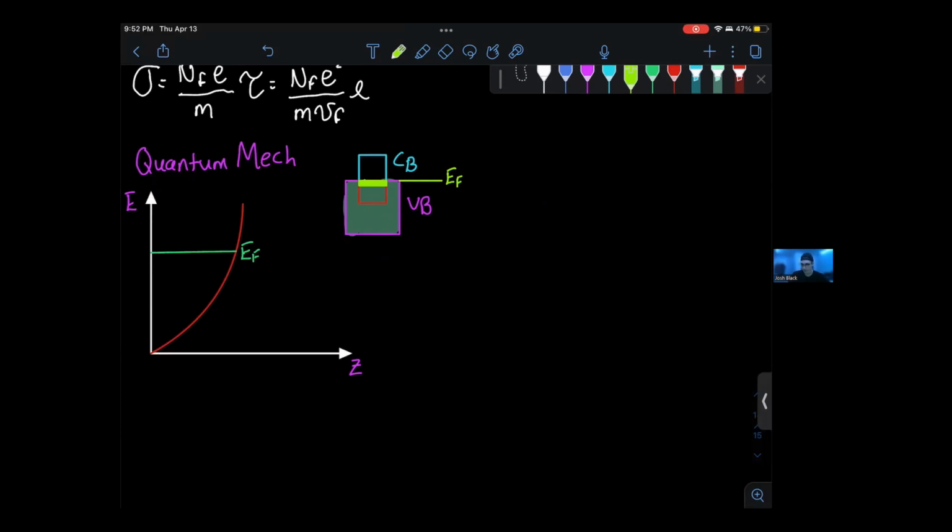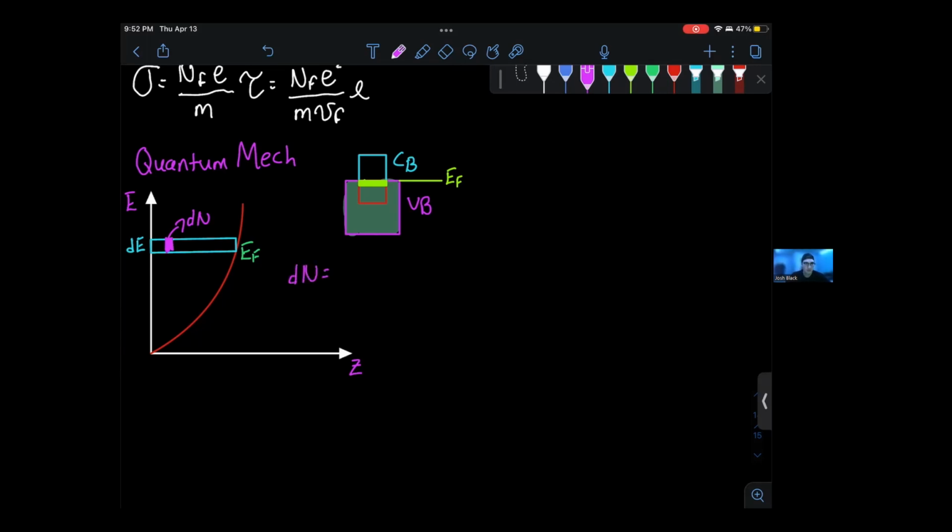Cool. Now, what we do is we apply a few quantum mechanic rules. We're going to say that if we take this little chunk to be dE, and we take this little slice to be dN, we wanted to know how many electrons are in our dN.